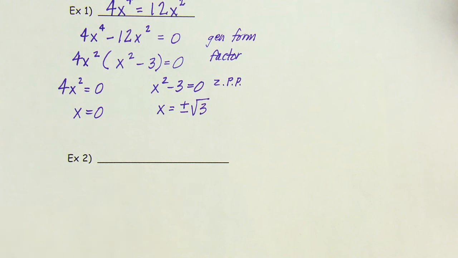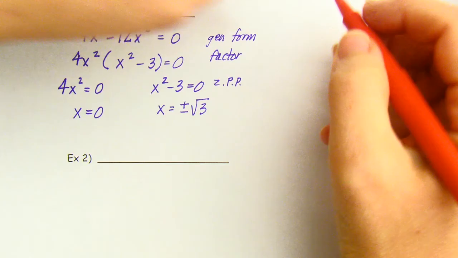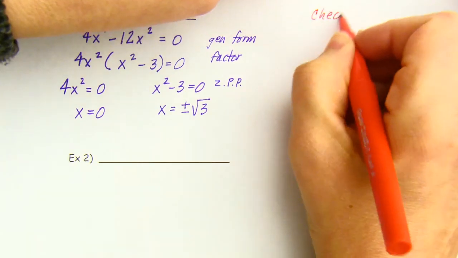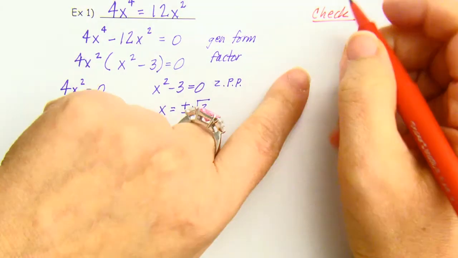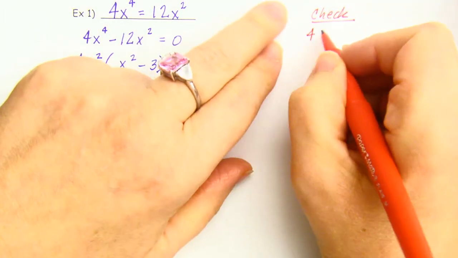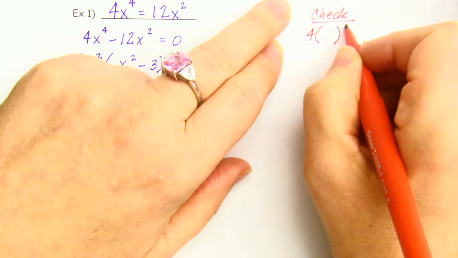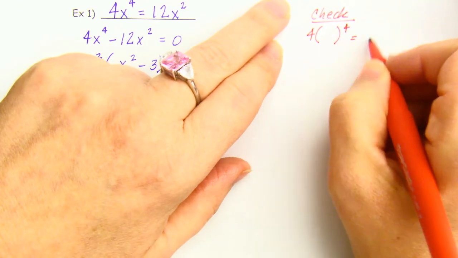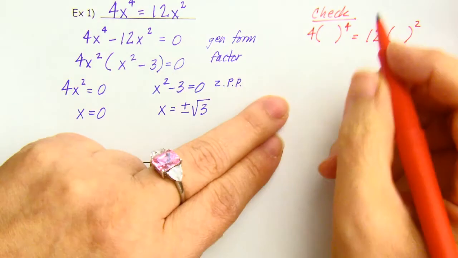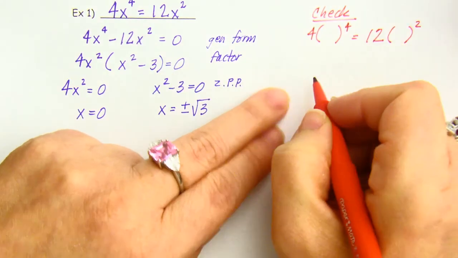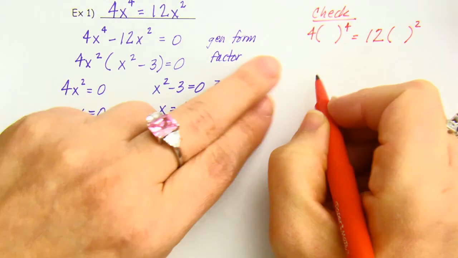Okay, so now I'm going to check my answers. In the original, 4x to the 4th equals 12x to the 2nd. I have 3 potential solutions, so I have 3 checks.